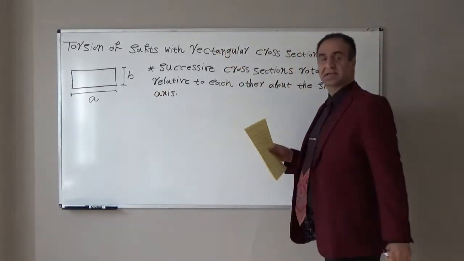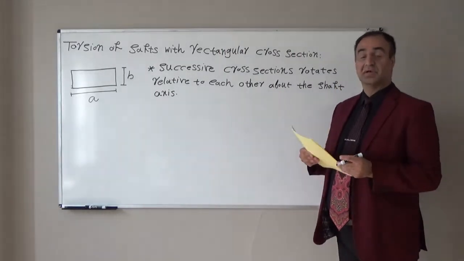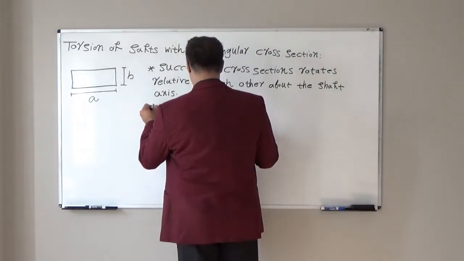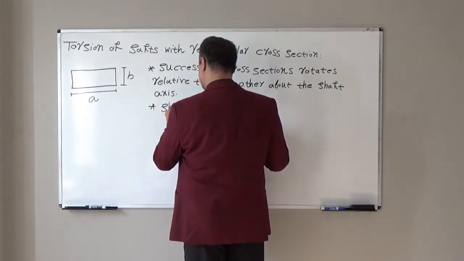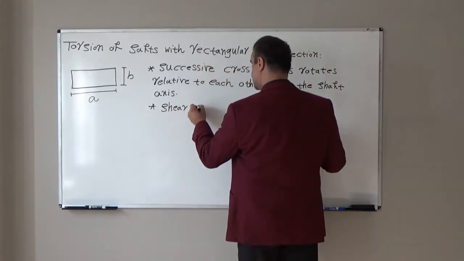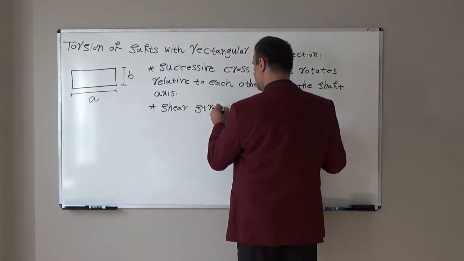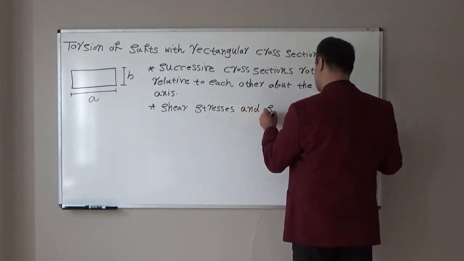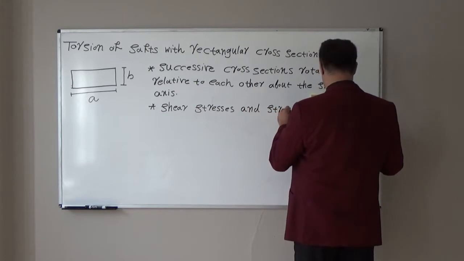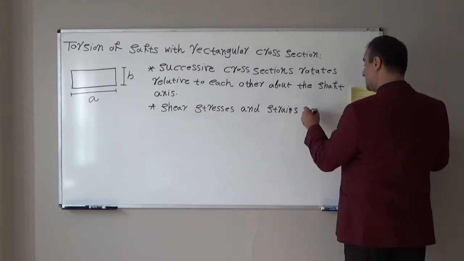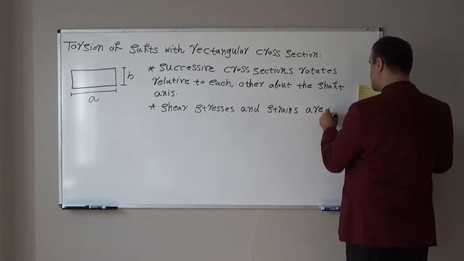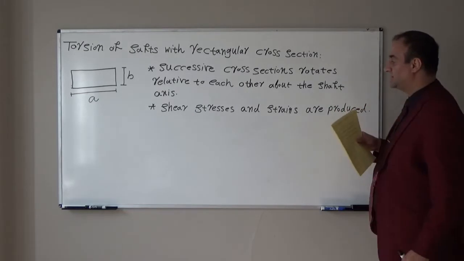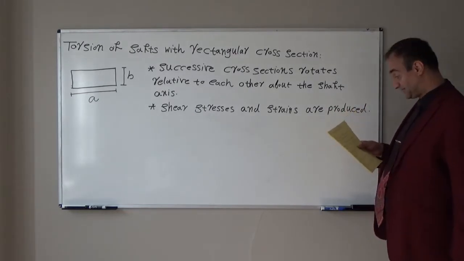We had this exactly for the shaft with circular cross section too. Here, shear stresses and strains, meaning shear strains, again are produced. So again we will have shear stresses and shear strains.